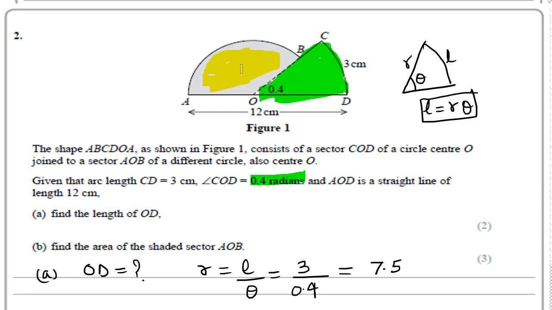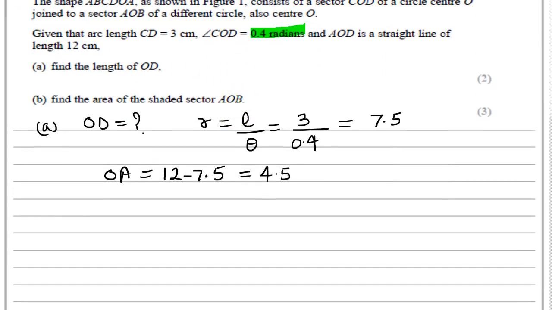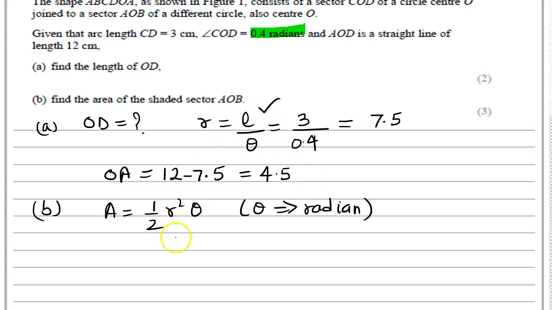So how can we calculate this area? The area formula is 1 by 2 r squared theta, and make sure that theta is in radian, for this formula as well as for the previous formula.